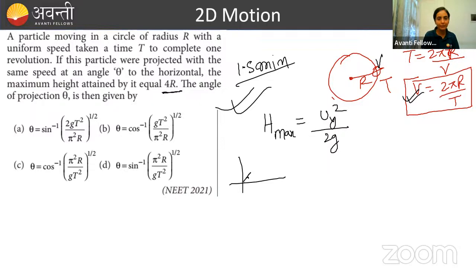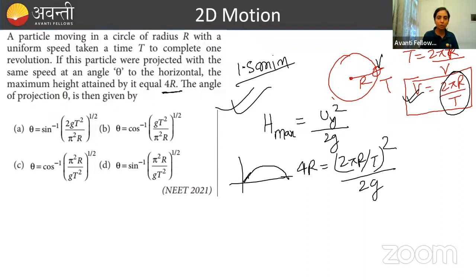So the maximum height is this, right? That is given as 4r. So this is the velocity with which it is being thrown, so you will write (2 pi r by t) square, and this is your 2g. So what you are going to get: 4r equals 4 pi square r square by t square into 2g.